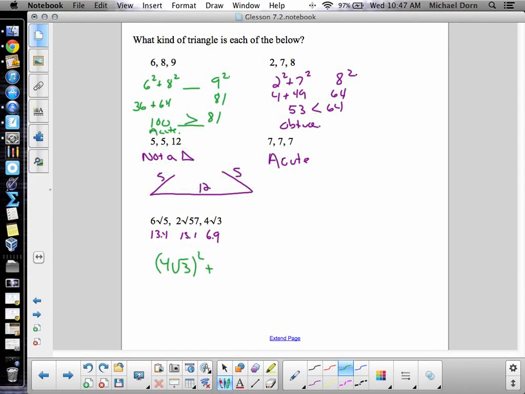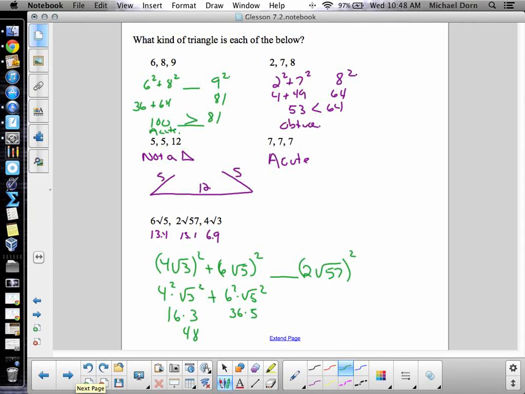So 4 root 3 squared plus 6 root 5 squared, we're going to have to compare to 2 root 57 squared. 4 root 3 squared, remember, that means 4 squared times square root of 3 squared, or 16 times 3, which is 48. 6 root 5 squared is 6 squared times root 5 squared, or 36 times 5.